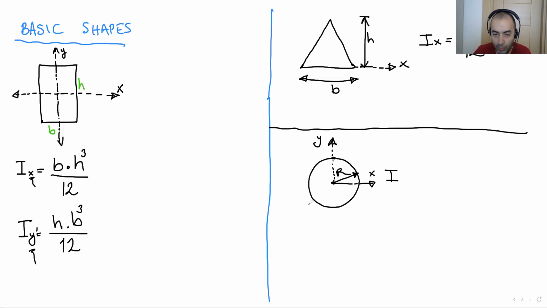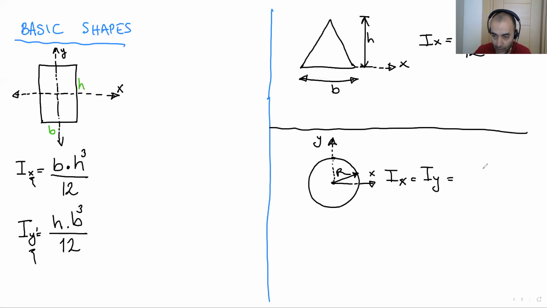Here we have a circle; in each direction we have the same radius. That means we have the same sectional property, the same moment of inertia for each direction. But basically here, we are going to say Ix and Iy. That's okay, because we are doing our calculations in the X and Y axes in this course. This is Ix, which equals Iy.